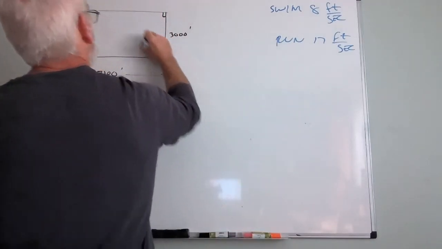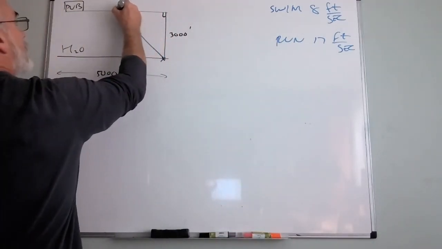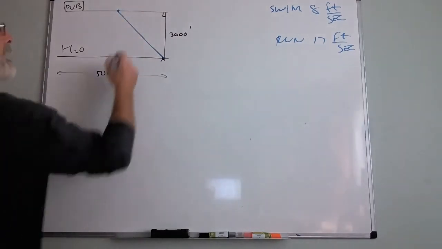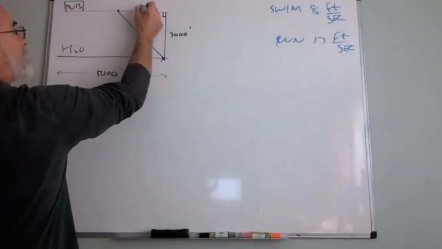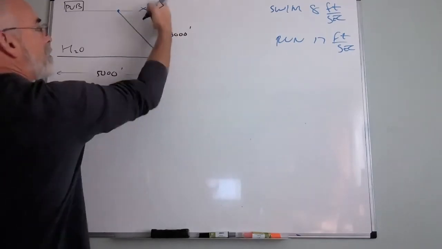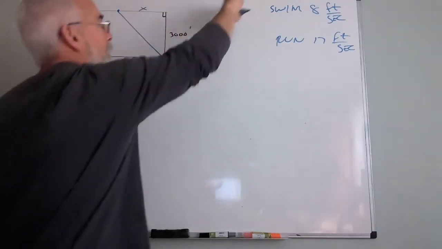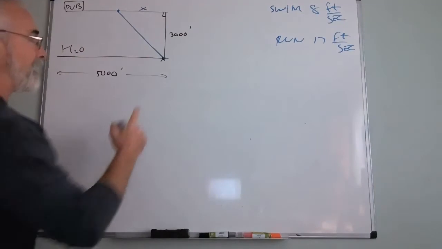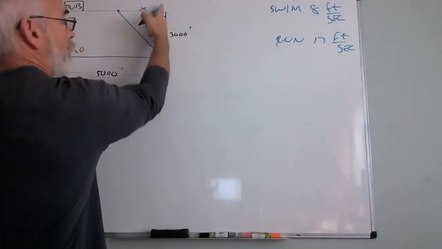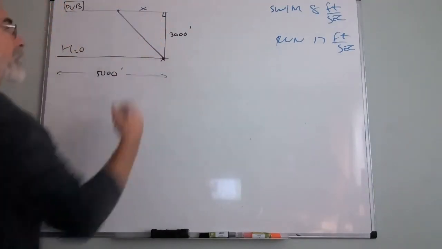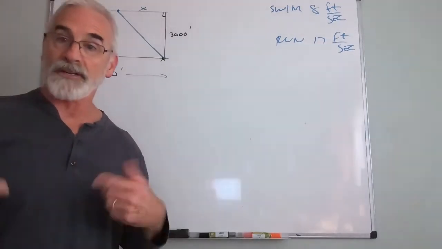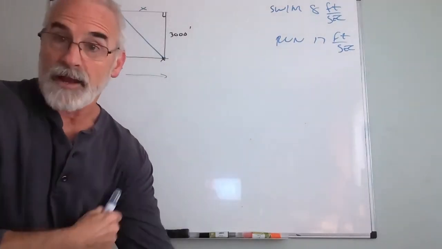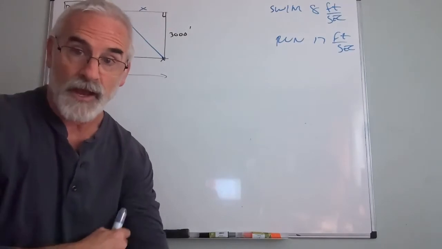We're going to swim to an arbitrary point right there, and let's say that arbitrary point is X feet from the straight across. You're not going to go that way, that doesn't make any sense. If you're swimming straight across, that's the shortest distance, or you're swimming some other way. We're going to set up a problem and minimize the time.